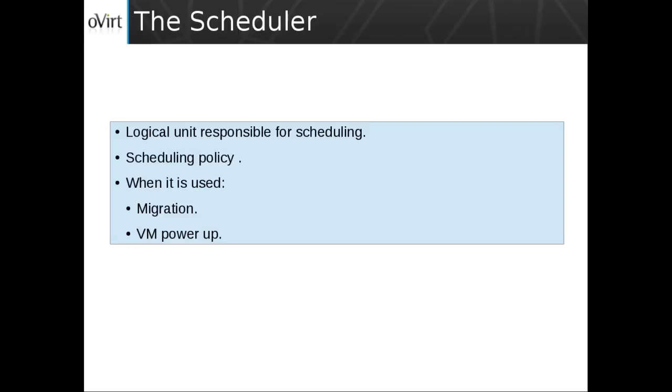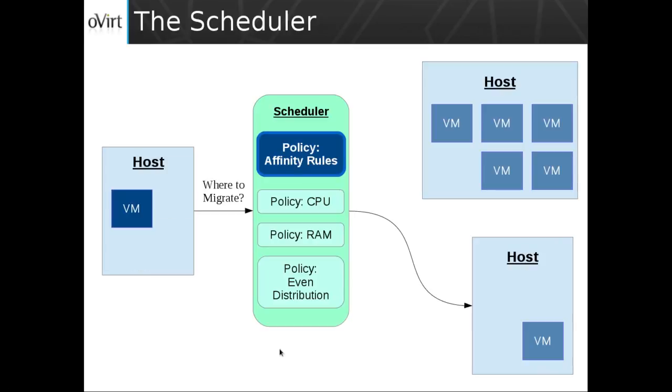The scheduler is used first of all for migration, as I said earlier, and also when you power up a VM, the scheduler decides where to run the VM. This shows how the scheduler works.